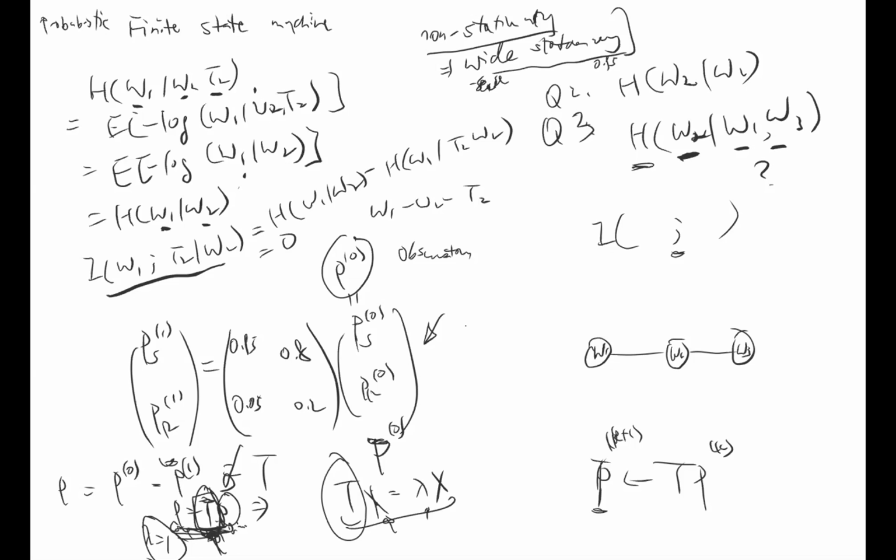But if there's someone from the future who knows the weather tomorrow, if I have information on both sides, I should increase my chance of knowing the weather today, right? So actually, you should expect HW2 given W1, W3 should be smaller than HW2 given W1.